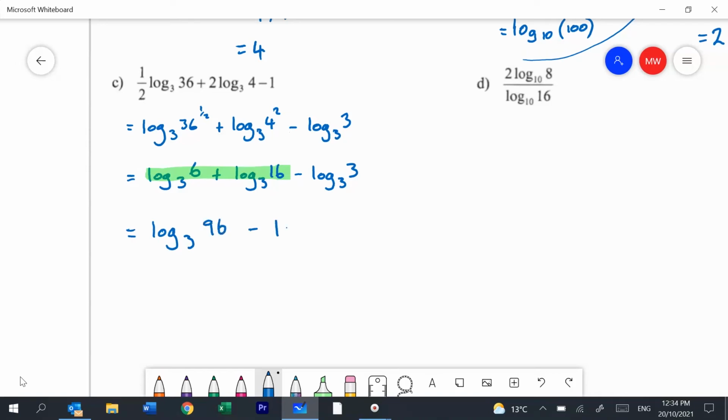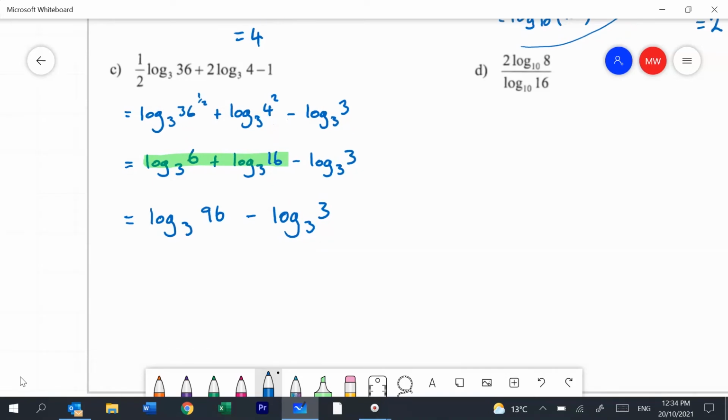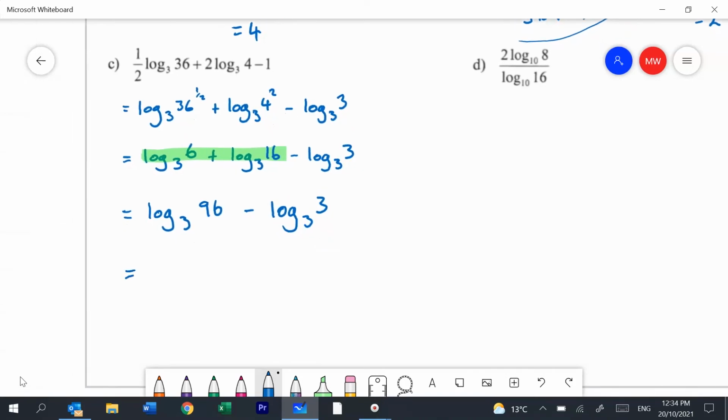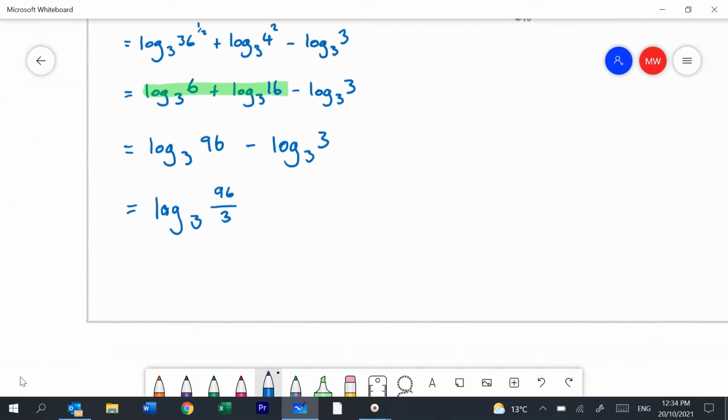And then we'll take log 3, 3 from this. And so now we know using law 2 that what we've given ourselves now is log 3, 96 divided by 3, which will be log 3, 32.